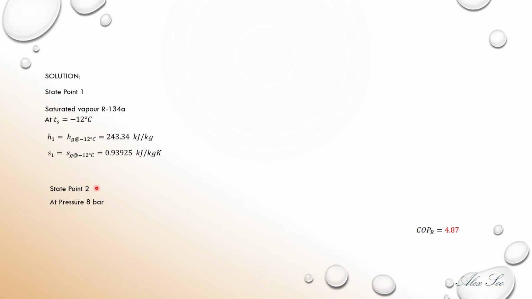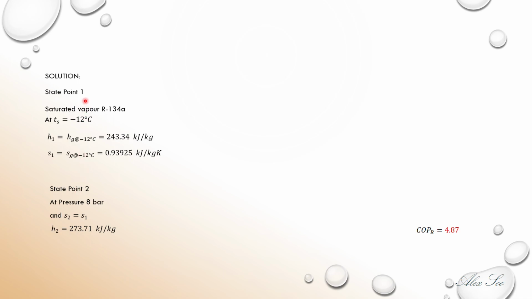Then state point 2. We know that at pressure 8 bar and the entropy of 0.93925, where s2 equals s1, you will be able to find your enthalpy either by reading directly from the property tables or by doing a certain amount of interpolation. So h2, you'll get 273.71 kilojoules per kg. What we are doing here is finding the enthalpy at each point.